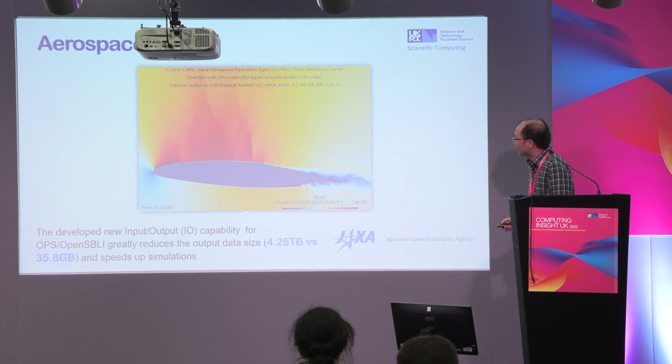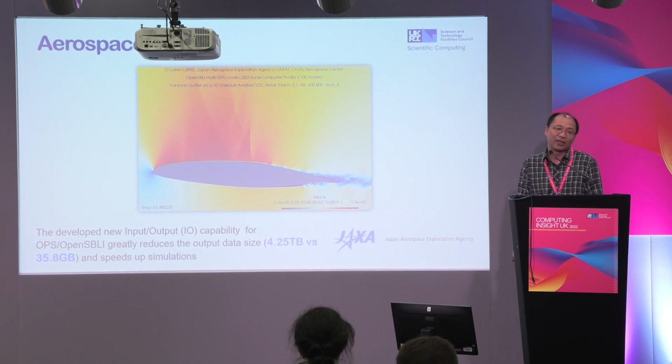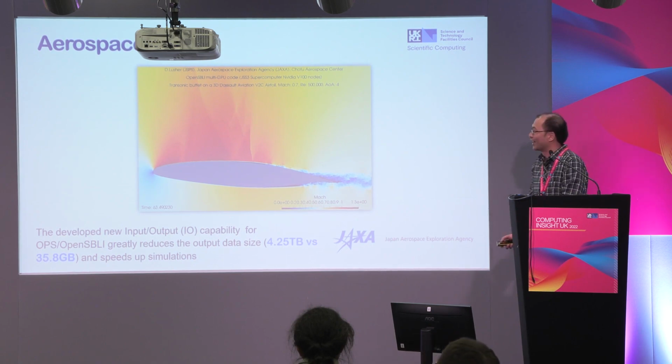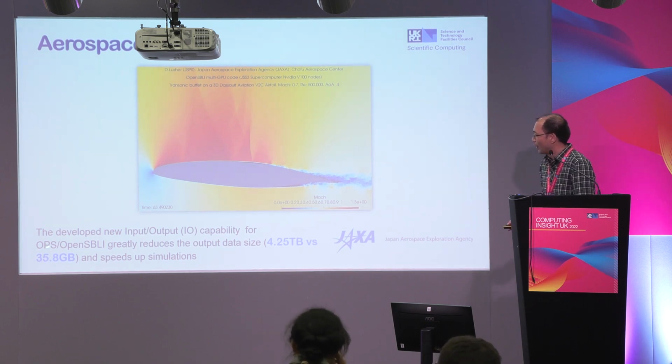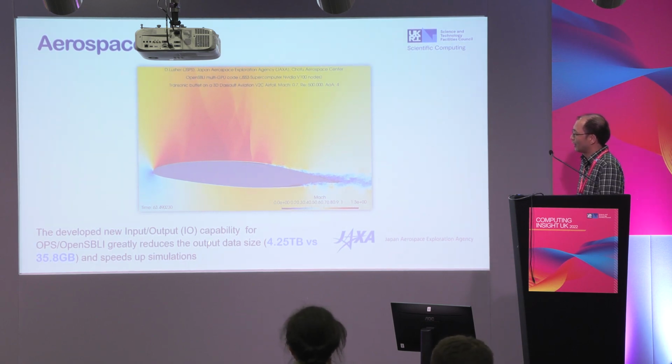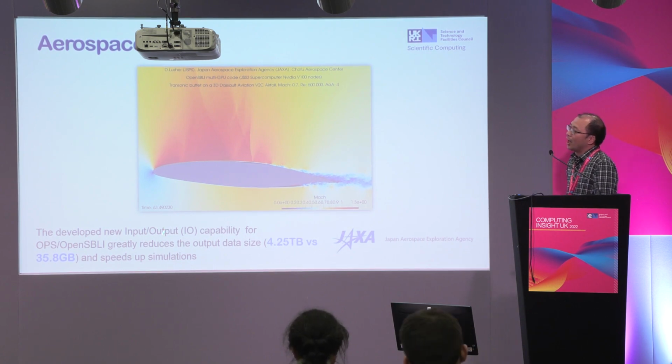The simulation is to simulate the so-called transonic buffet phenomenon, which is important for commercial aircraft. This kind of phenomenon could cause lift and pressure fluctuation, which, if we were on that flight, we wouldn't want, I think. Our newly developed I/O capability for OPS and OpenSBLI greatly reduces the output data size.